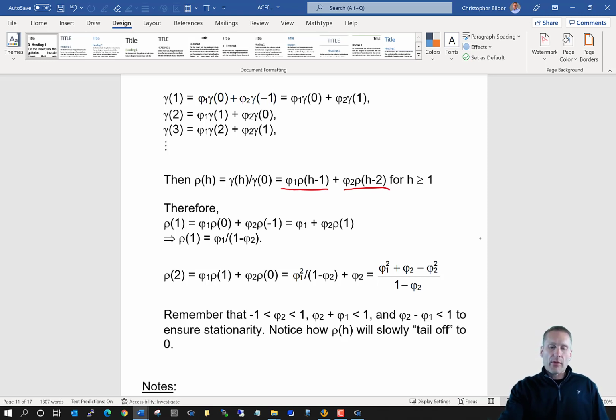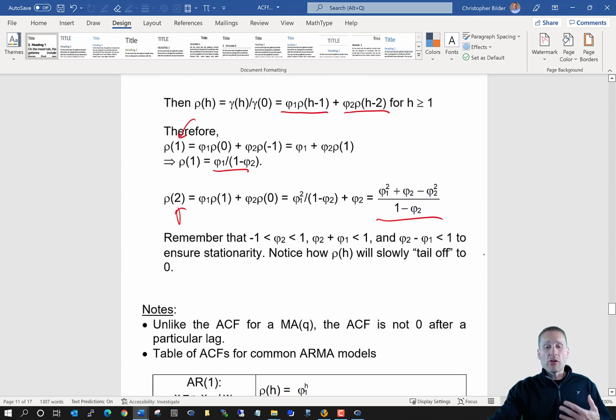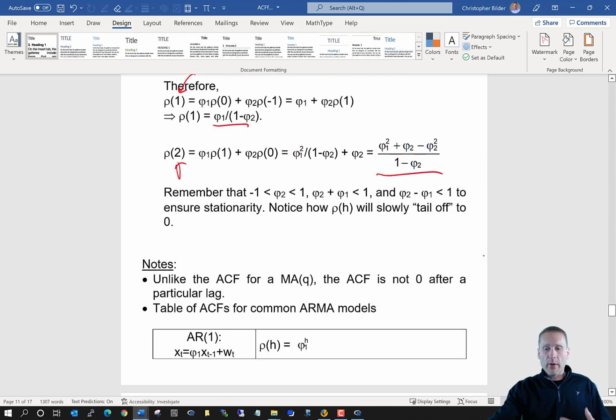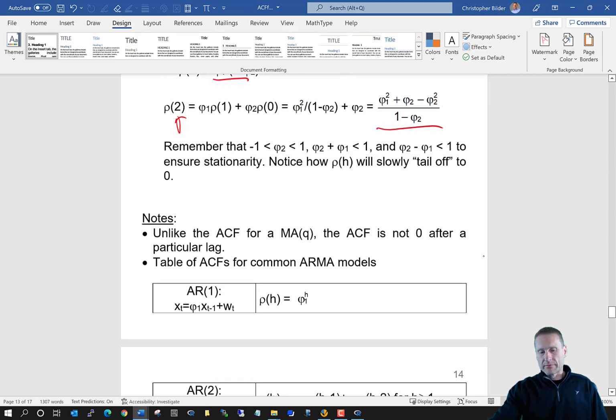You can go through the details of what happens if h is equal to 1, what happens if h is equal to 2, and get the corresponding representations for those autocorrelations. You can keep on going for lag 3 and 4 and so on, and what you're going to see once again is that the autocorrelation function is going to be tailing off to 0. It's going to get closer and closer to 0 as the number of lags increases.